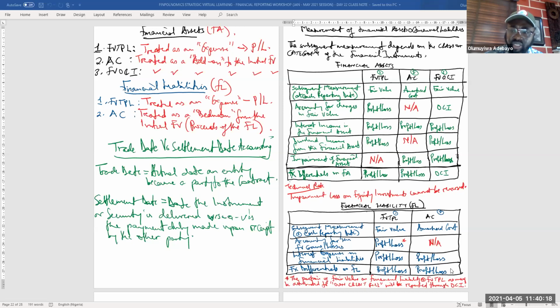The 80 will go to profit or loss. The 20 will go to other comprehensive income. The one based on market factors will go to profit or loss, which is usually what is expected, while the one that relates to the entity's own risk will go to other comprehensive income. Does that make sense now?